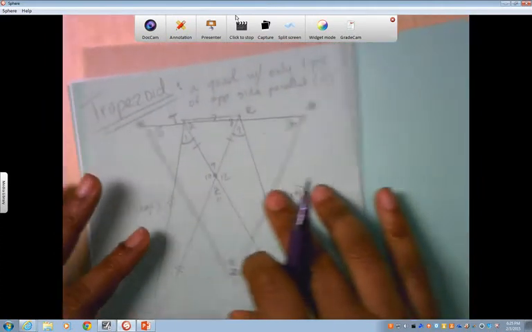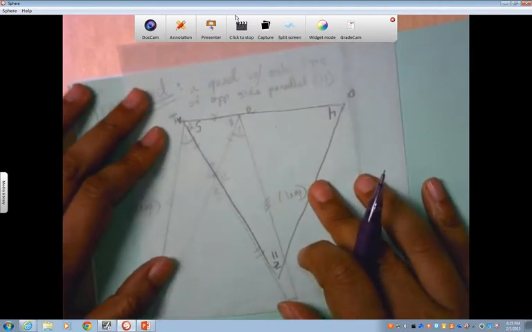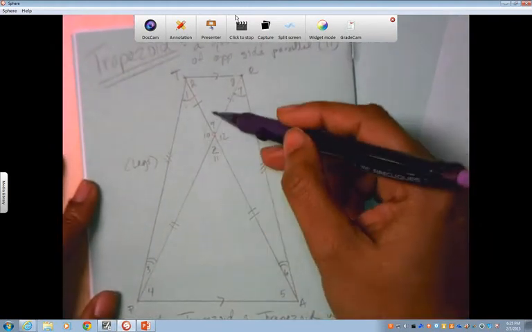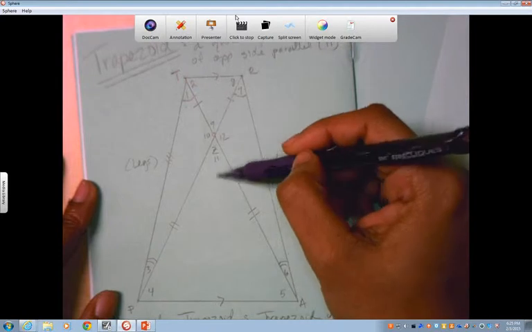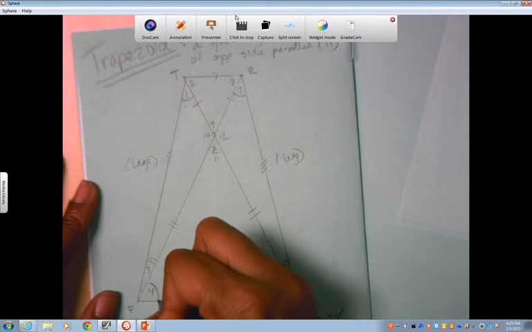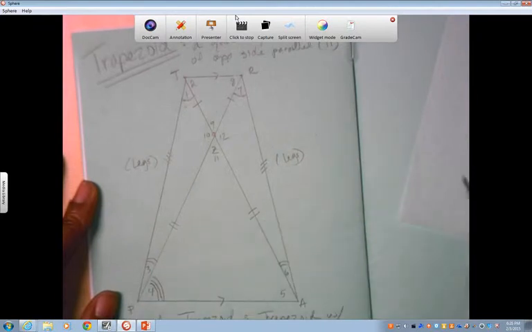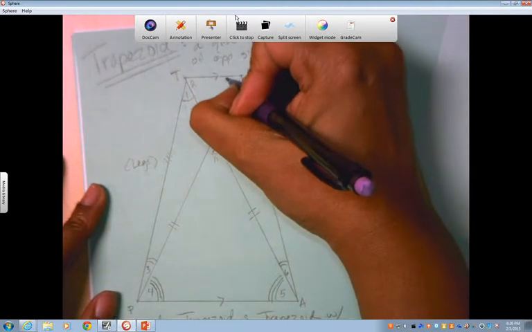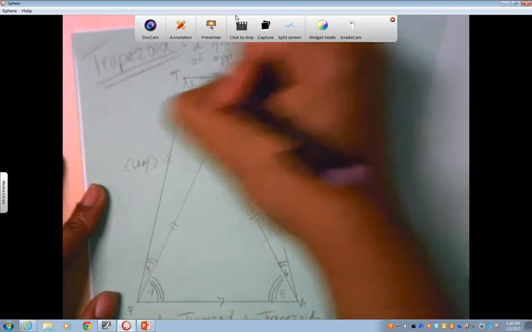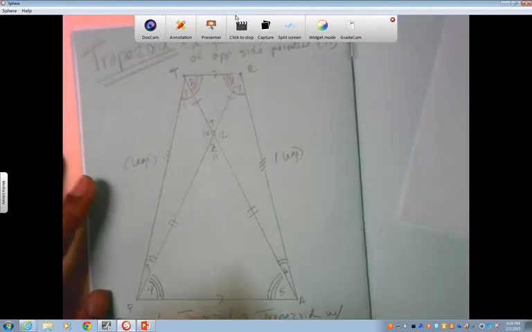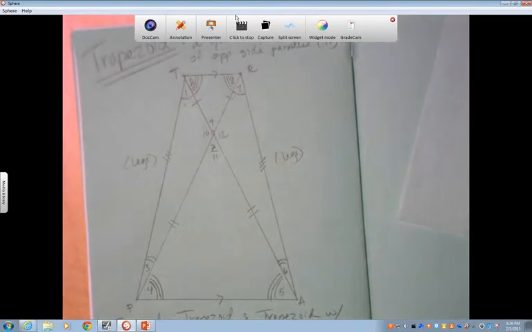Just like if I move this over, line up 5 with 2, it is also congruent. So hopefully you see the two isosceles triangles are not congruent, but they are similar. So 4 would have 3 arcs, and since these are isosceles, 5 is also going to have 3 arcs. So the isosceles triangles inside of the trapezoid are similar. They're not congruent. You have a small one and a big one.